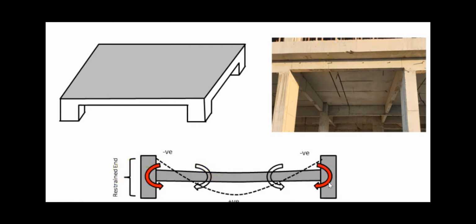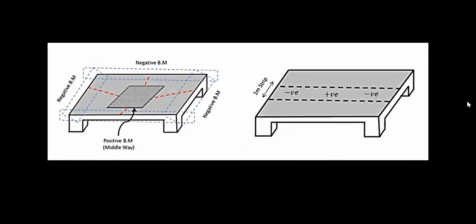At the support we need to provide both positive as well as negative reinforcement, because there is positive moment and negative moment. Also we need to provide minimum reinforcement. So you can see here, when I'm applying a load, at the midspan you can see the positive bending moment, and at all the edges you could see a negative bending moment. As you have seen in the last slide.